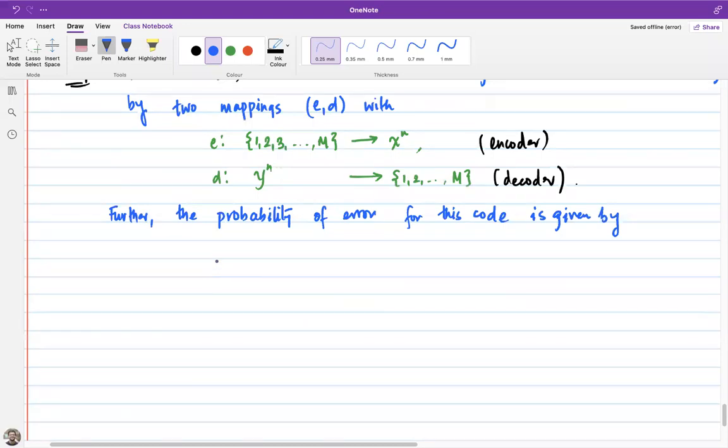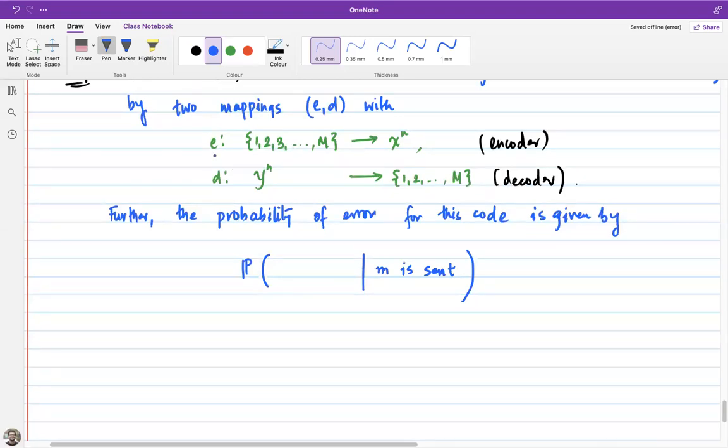It is given by this expression. We are interested in a probability. Suppose that in this set of messages 1, 2, 3, and so on till M, this small m is sent. Then we condition on the fact that m is sent.